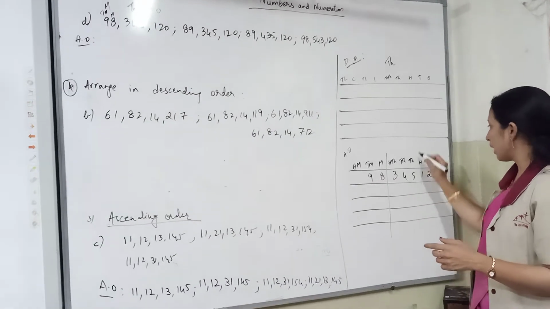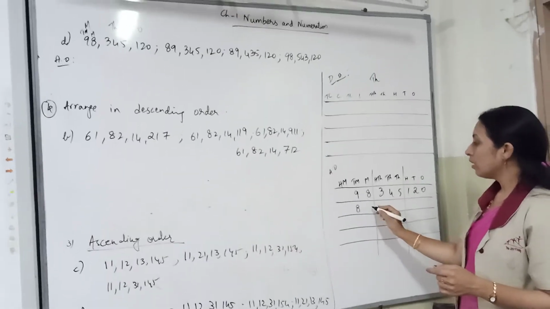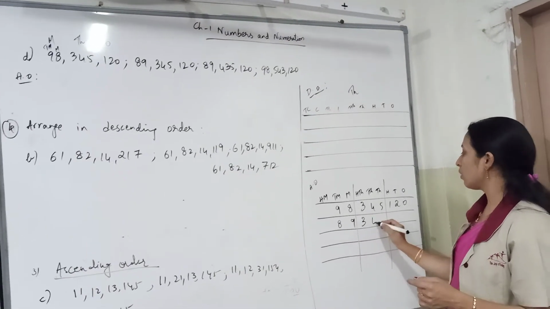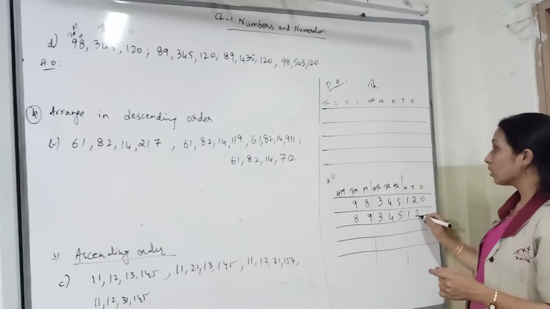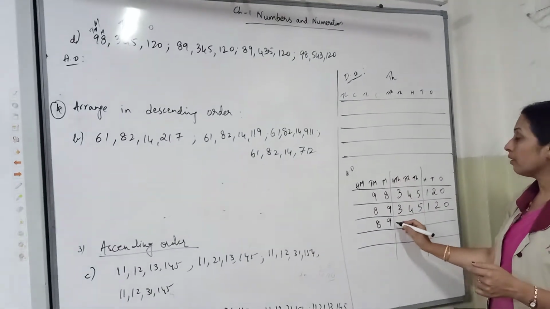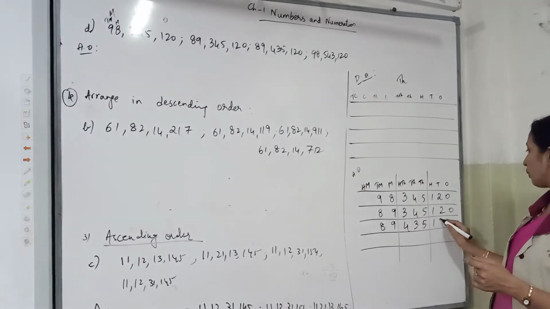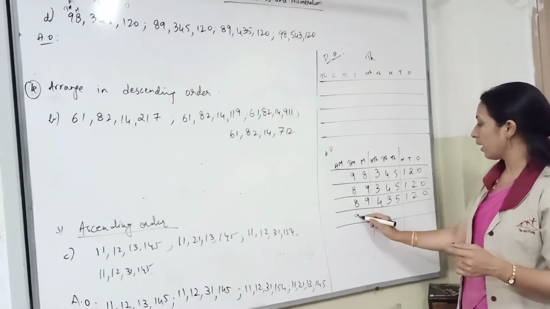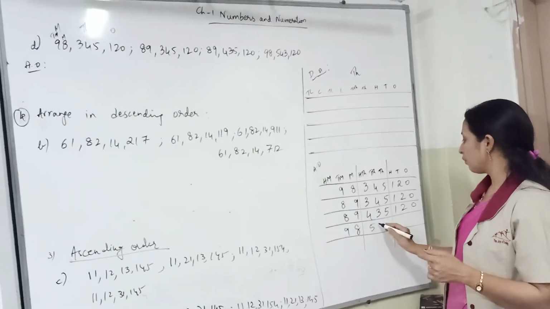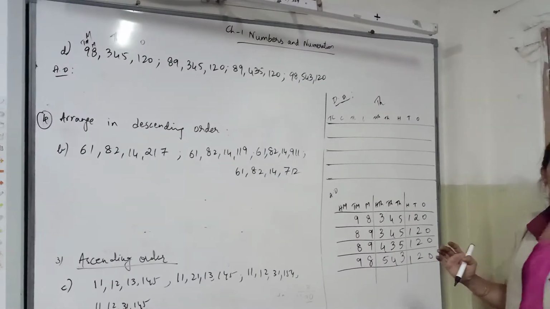So just segregate according to the periods and then write it so that we cannot go wrong. Next number is 89,435,120 and here 98,543,120.